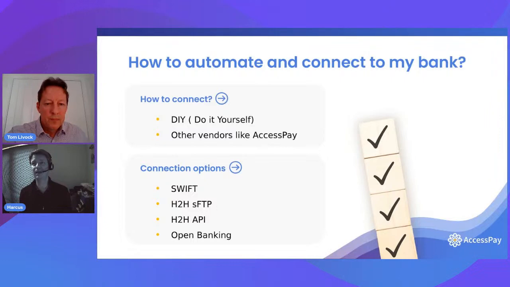SWIFT is the Society for Worldwide Interbank Financial Telecommunications. It's basically a body that was created by the banks in the 1970s for the express purpose of exchanging messages over a secure network and having those messages in a standardized format.